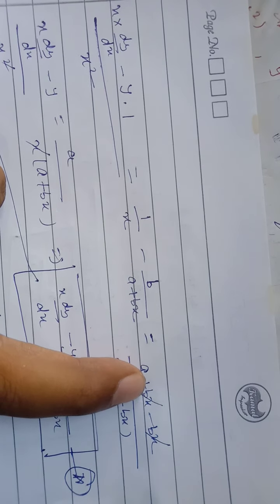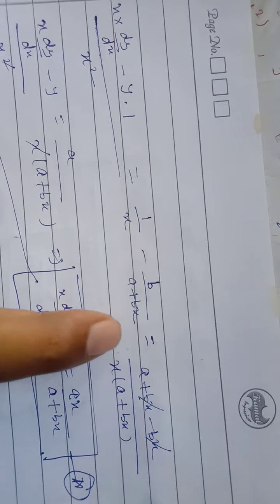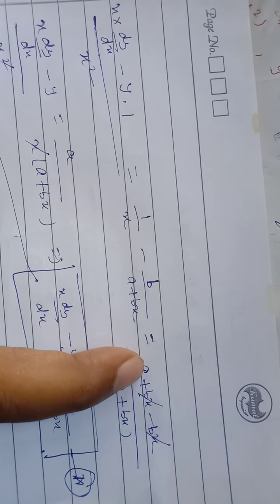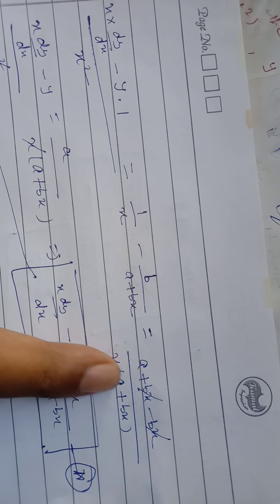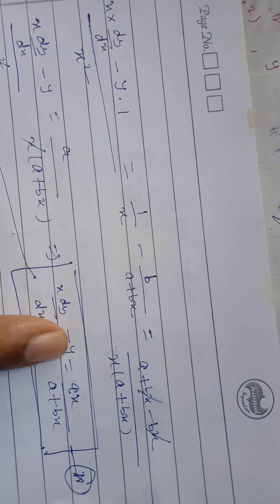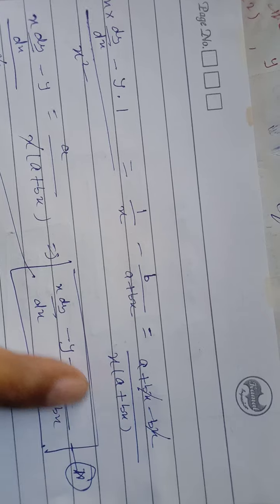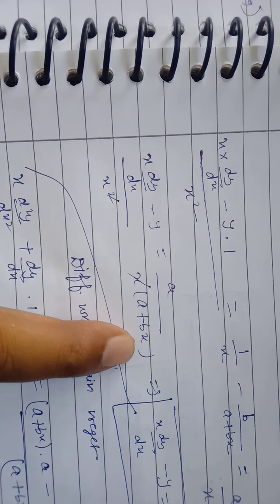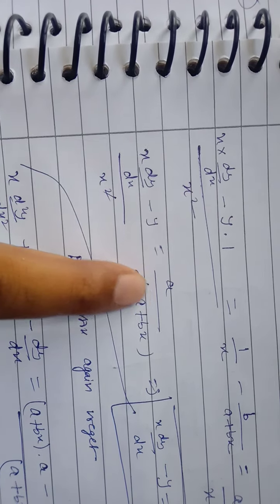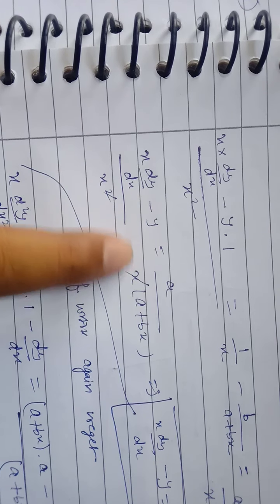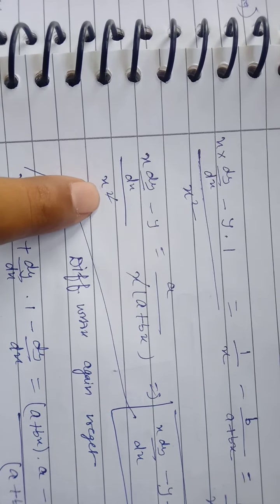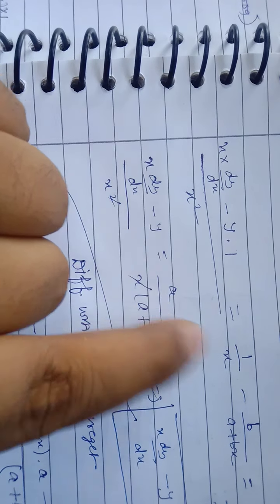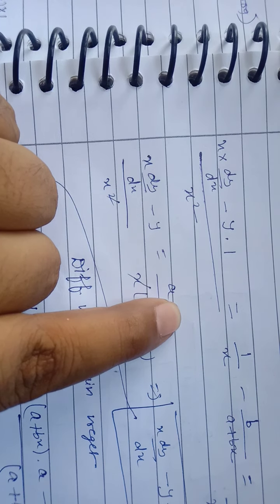A plus bx appears here due to the LCM, and minus bx cancelling out bx, so this will become a by x into a plus bx, x cancelling out the 1 x, and this x will come here and get multiplied with a.